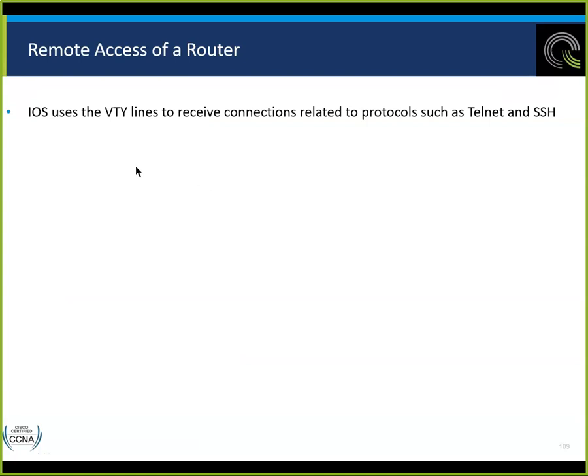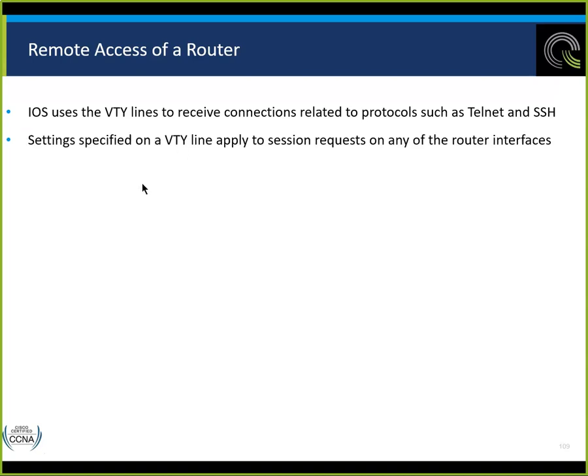For remote access to a router, IOS uses the VTY lines related to protocols such as telnet and SSH. Settings specified in the VTY line apply to session requests on any of the router interfaces, any of the IP addresses that we go to.